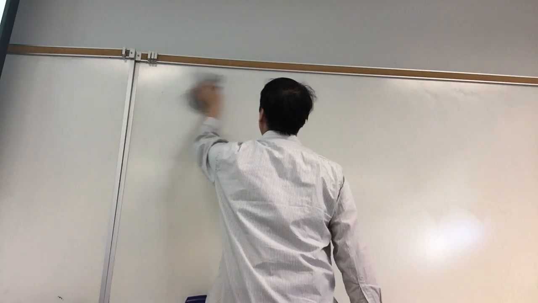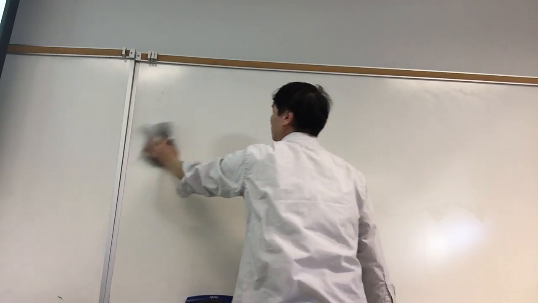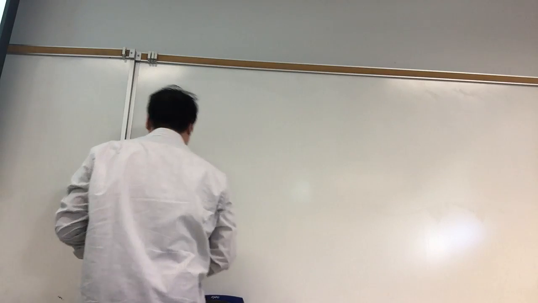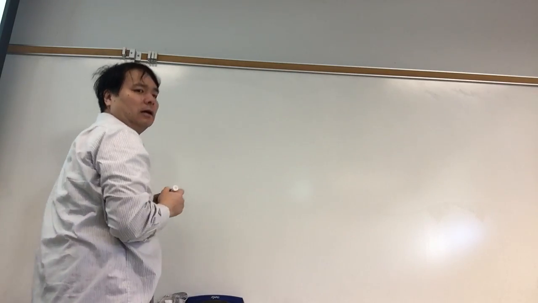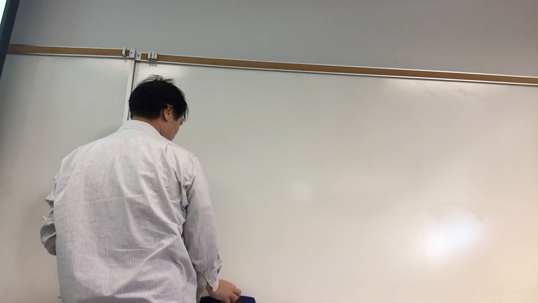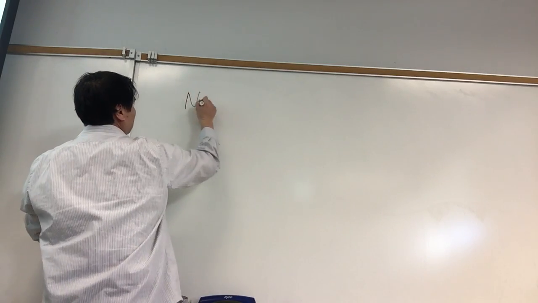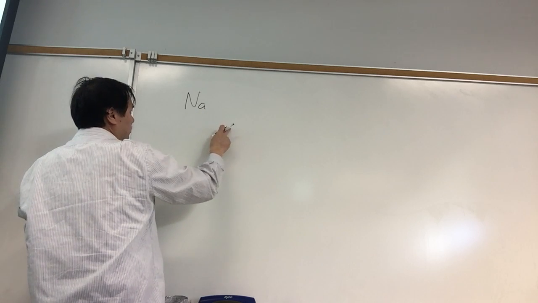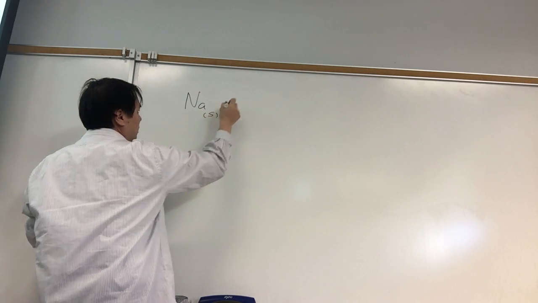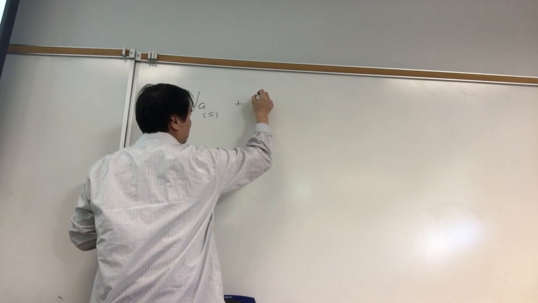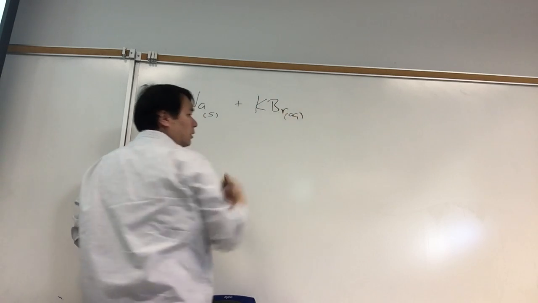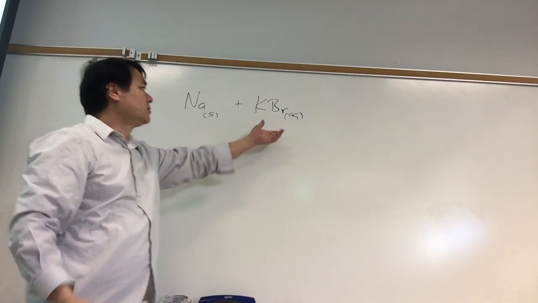Sodium is first added to aqueous potassium bromide. Okay. Sodium, Na, solid, liquid, gas, AQ, aqueous. Now, aqueous potassium bromide has lots of water around.